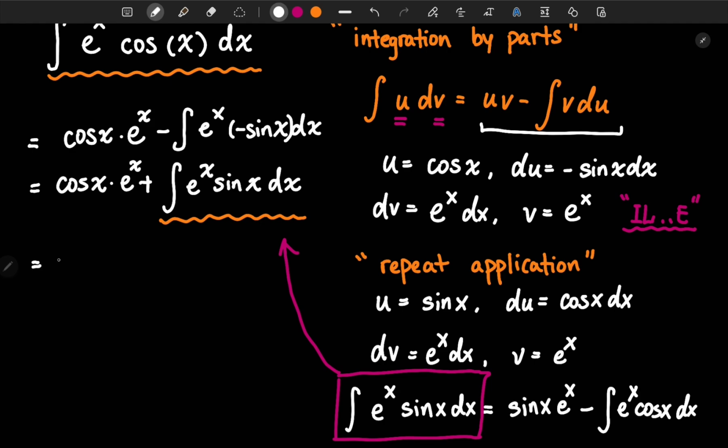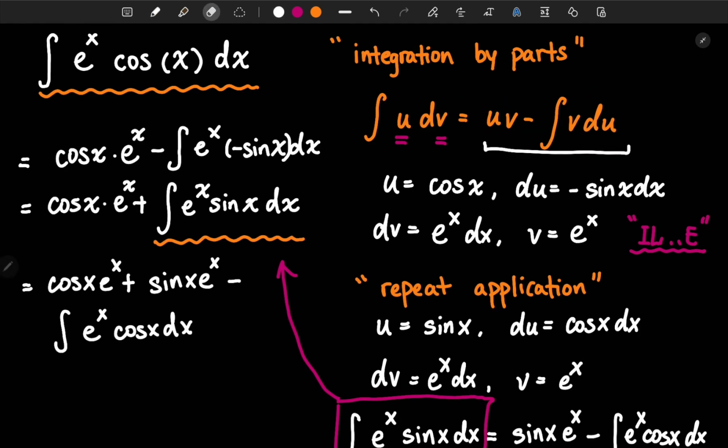So that gives us, let's just rewrite this part first. Cosine x e to the x plus, because of this equation, we have the things on the right, which is sine x e to the x minus the integral of e to the x cosine x dx.